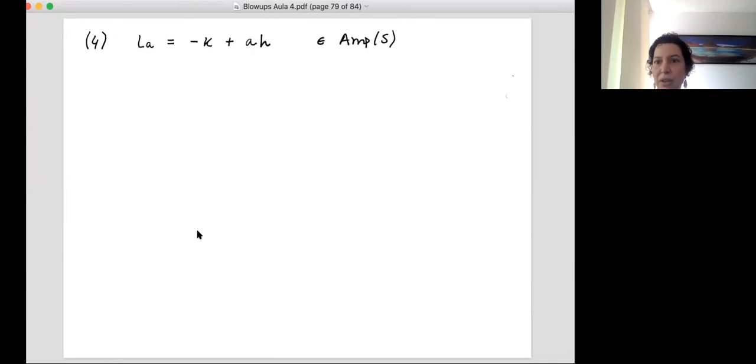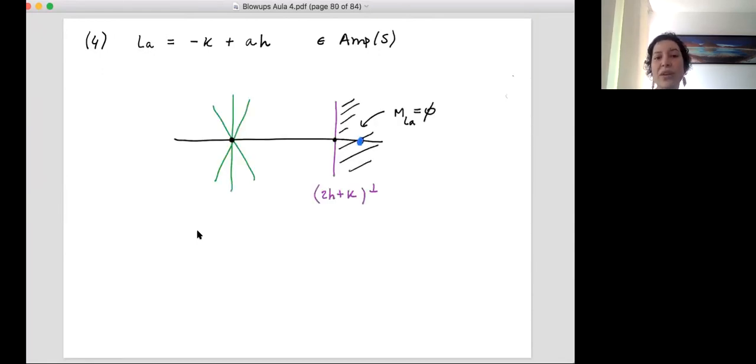For A sufficiently large, make A go to infinity, and then you start decreasing, and you check which walls you cross. First of all, if your A was very big, then this is the computation that we saw before. You are going to be on the negative side of the purple hyperplane, so the moduli space is going to be empty. And then eventually you hit this external wall, and when you get inside the new chamber, then the moduli space becomes P^n.